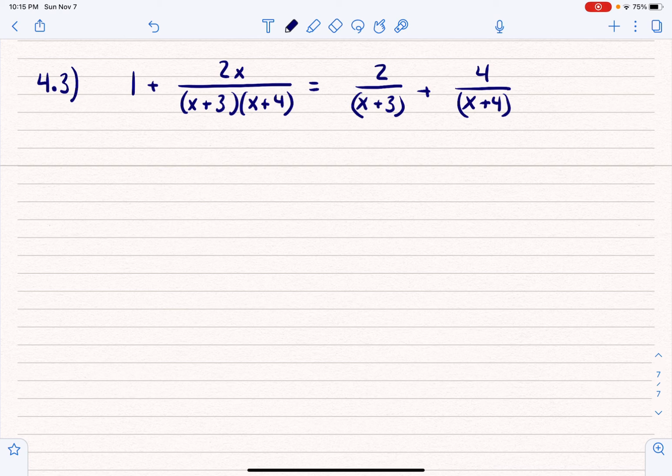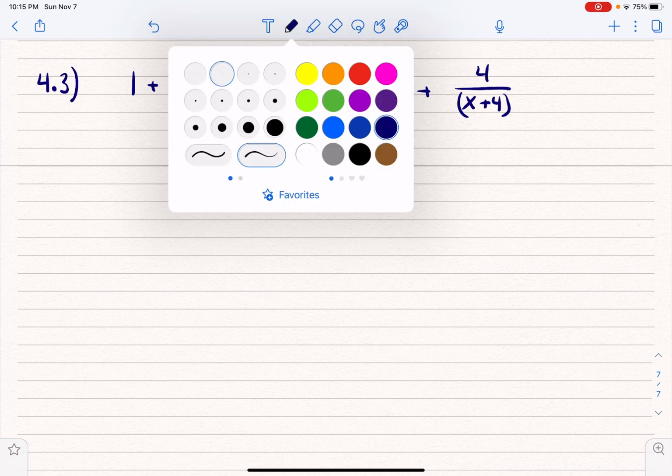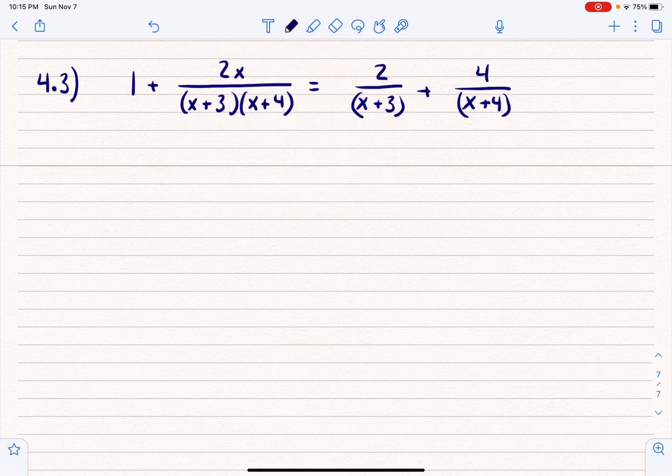All right, let's give this a shot, okay? At this point, what we're going to do is multiply everything by this x plus 3 times x plus 4.